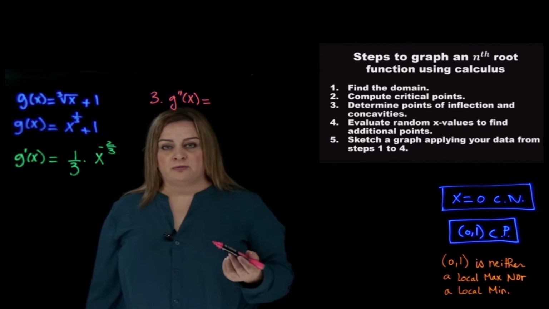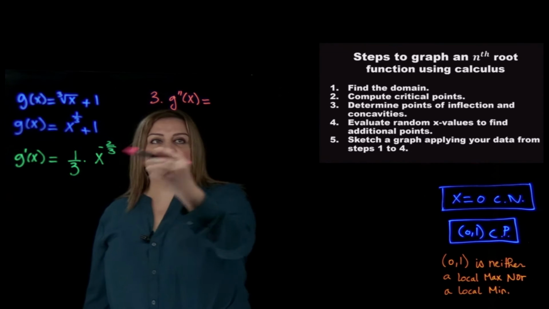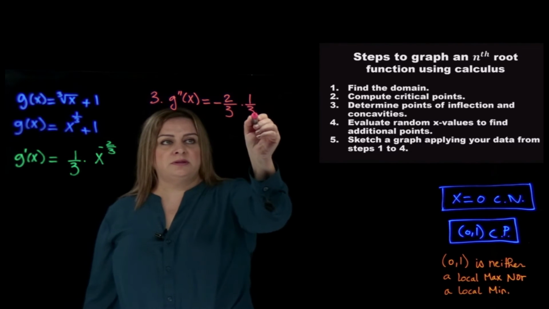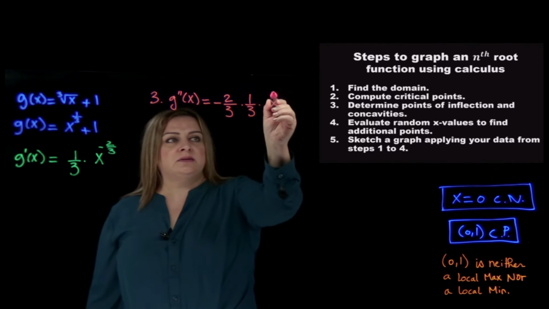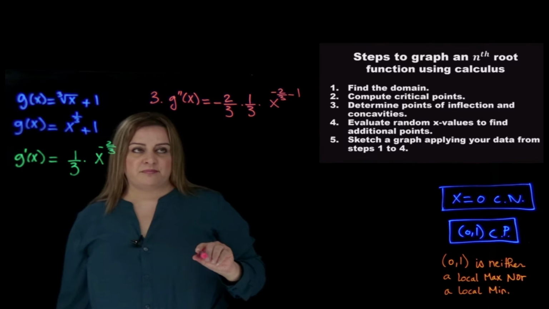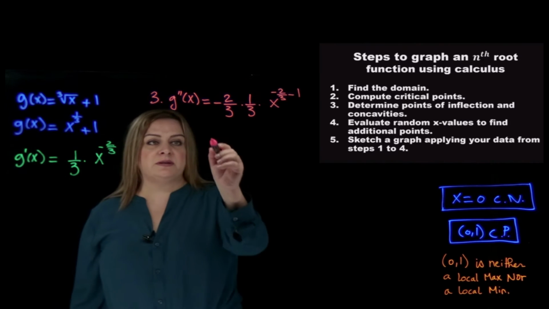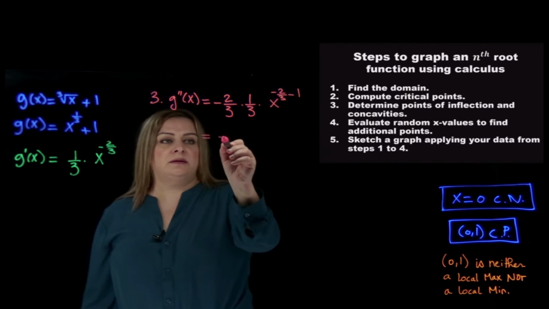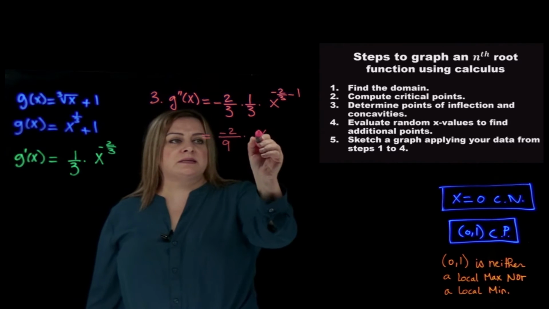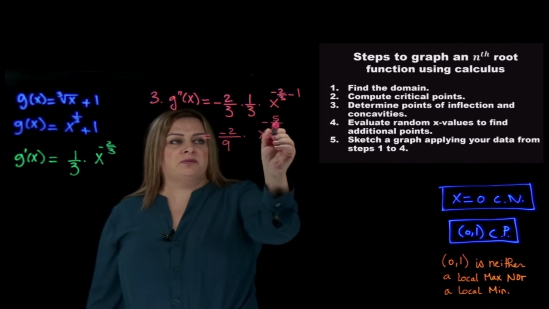Applying the power rule for derivatives on this function, we will have negative 2/3 times 1/3 times x to the negative 2/3 minus 1. Simplifying our function, we will have negative 2/9 times x to the negative 5/3.